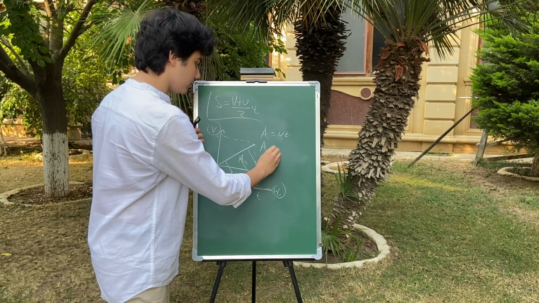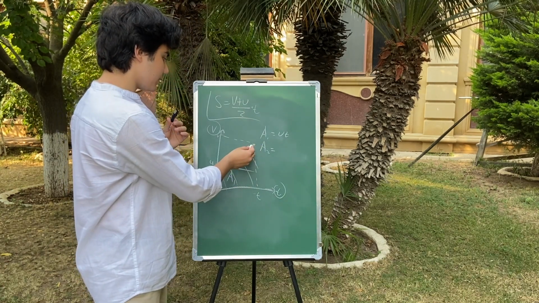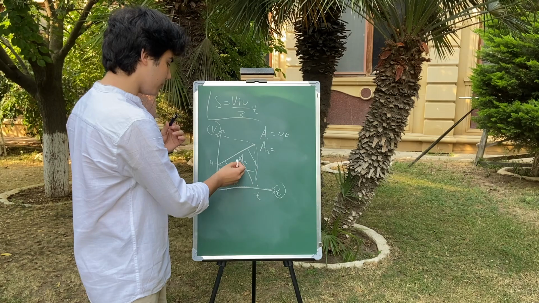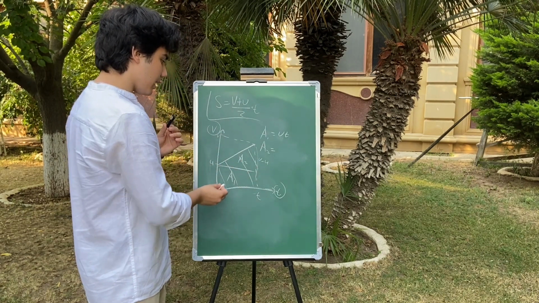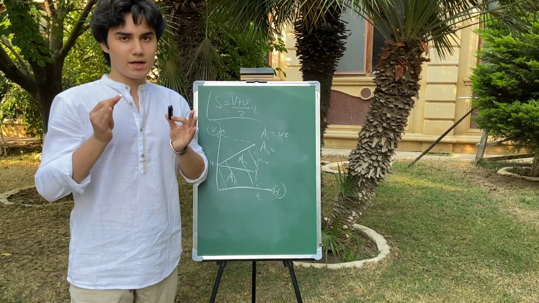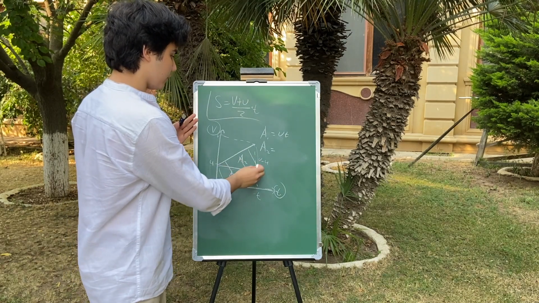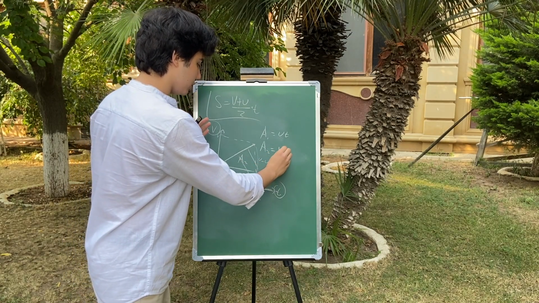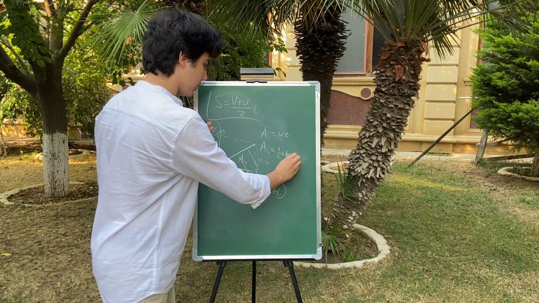Now area 2 is a triangle. This height right over here is v minus u, and the base is t, and the area of a triangle is 1/2 of base multiplied by height. So it's going to be 1/2 t times v minus u.